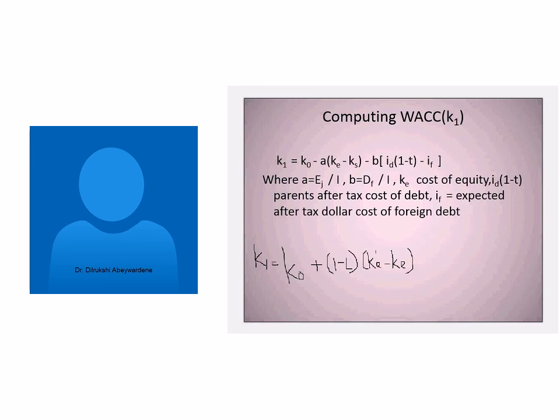Why is KE prime there? If the new investment changes the cost of equity, the parent's risk would be changing, right? Therefore, we have to consider the difference between the cost of equity of the previous project and the cost of equity of the new project, right?